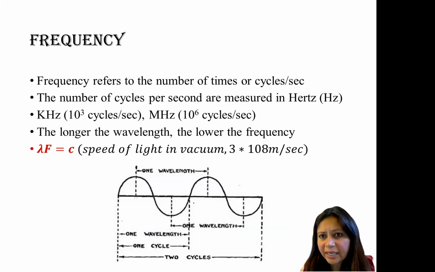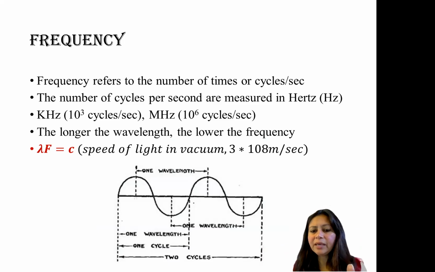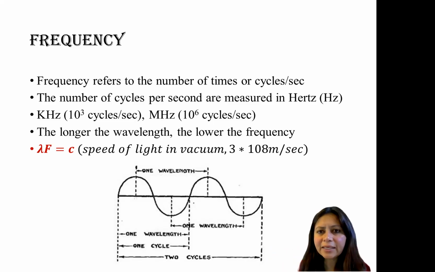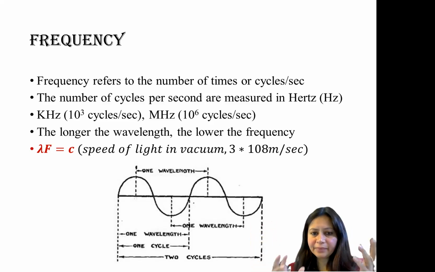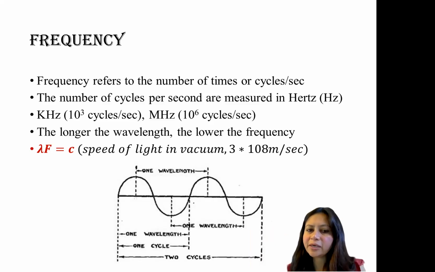If we freeze time, in 1 second, how many complete cycles does this particular wave make? So if a wave completes one cycle in 1 second, then the wave completes one cycle per second. This cycle per second is measured in a unit called hertz.